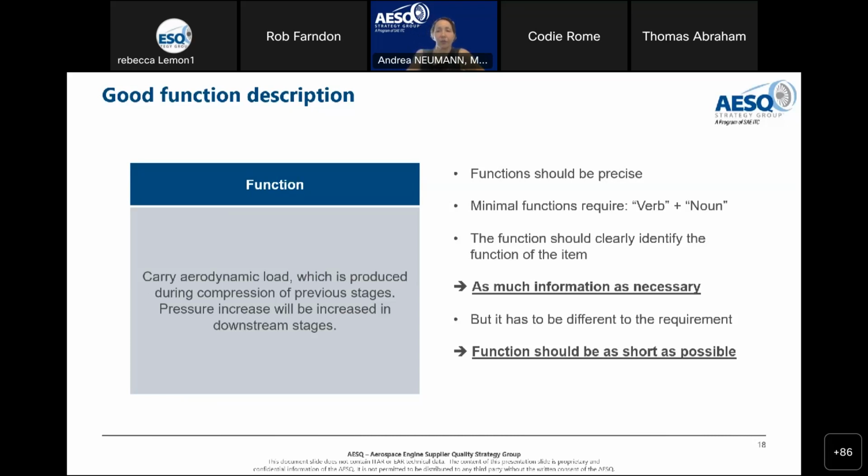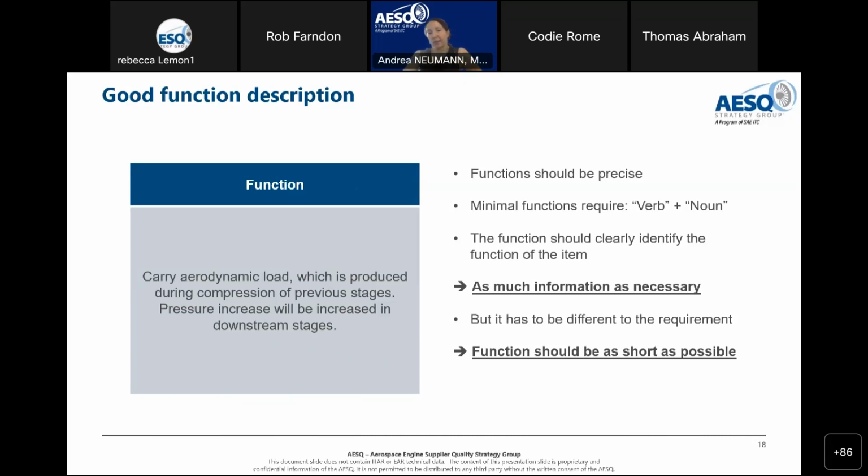You always have to distinguish between the function, which should only describe the design intent of the item, and the requirement, which we will do later. The requirement should not be stated in the function because it is the next step.